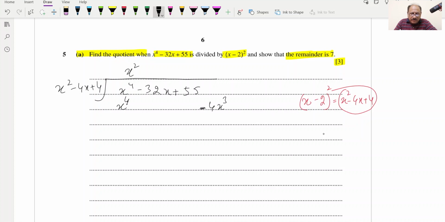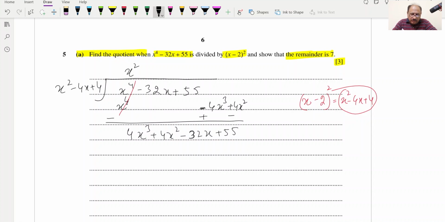Next is plus 4x². This will be subtracted, sign change, and after sign change we can cancel this, and this will be 4x³ we will write first, so 4x³ + 4x² − 32x + 55.